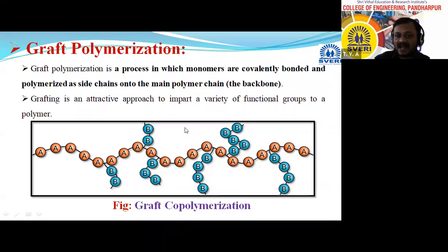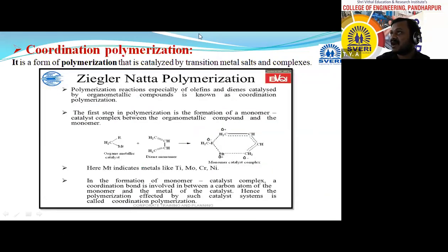And the last polymerization, that is not part of the syllabus, I have just added it. This is coordination polymerization. What you have to remember here is, if they ask in MCQs, coordination polymerization is the process here. Wait one minute, I will adjust it.